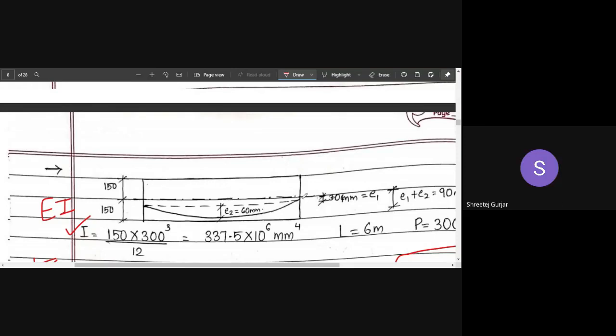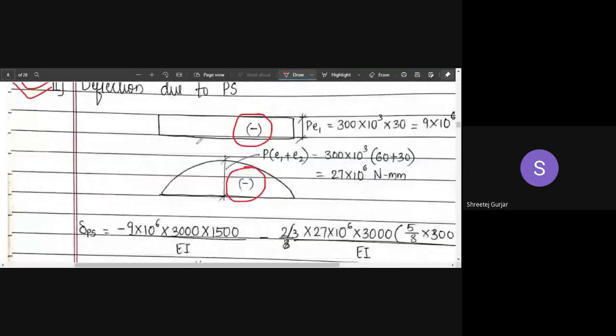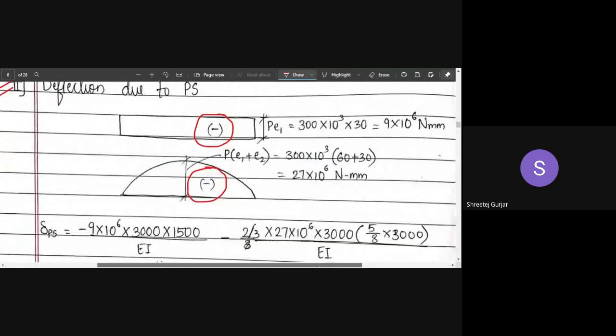E1 is below your neutral axis, and E2 is also below your neutral axis. When you have the pre-stressing force below the neutral axis, it will cause your beam to hog. It will cause upward deflection, and as I've told you, upward deflection we consider as negative. So both the BMDs are negative.